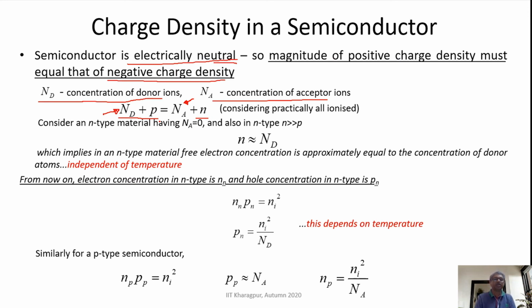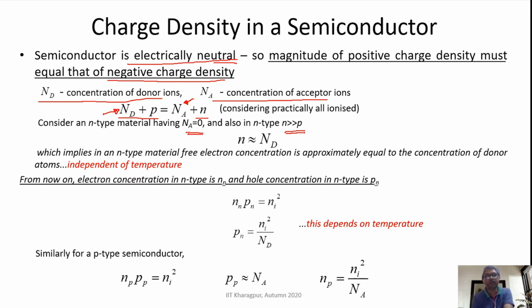Now say we have n-type material. In that case Na will be equal to 0, because in n-type material we are doping the semiconductor only with phosphorus, only group 5 elements. So in that case n will be much greater than p.